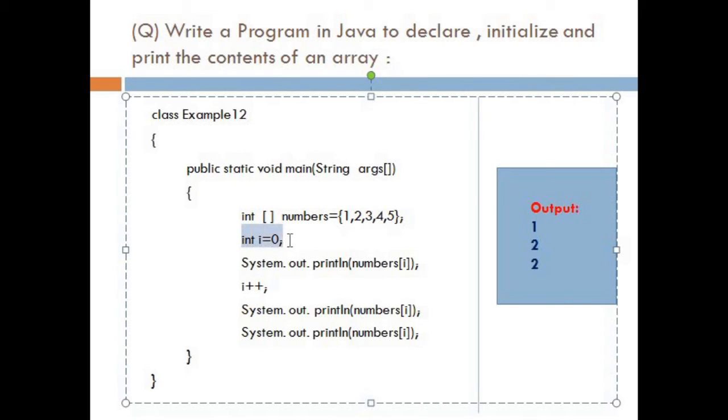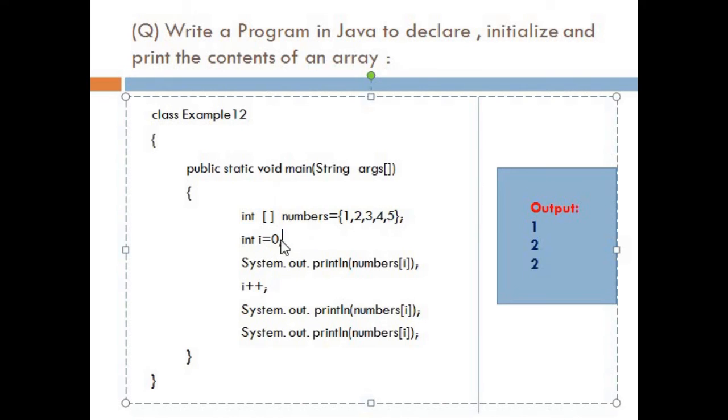Now after initializing the array, the statement terminates with a semicolon. And then the next statement declares a variable called i of data type int with the value 0. Again, in this statement, declaration and initialization is done at the same time. The first part, int i, declares the variable called i of data type int, and the second part, i = 0, initializes the value 0 to the variable i.